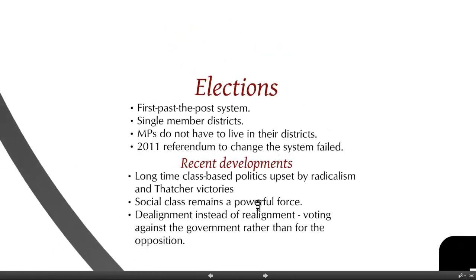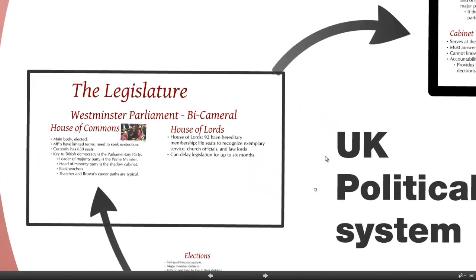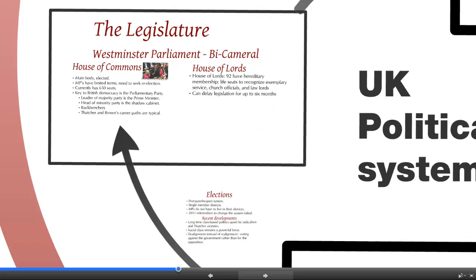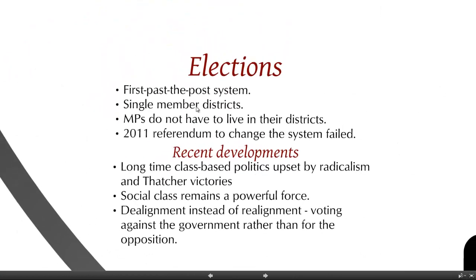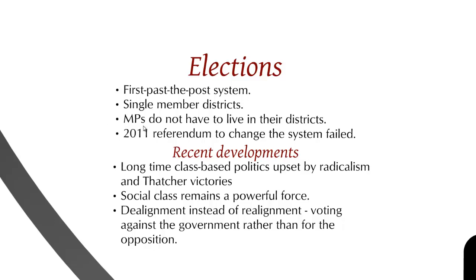Now, let's go over each of the institutions in detail, starting with elections. Of course, the United Kingdom uses a first-past-the-post system with single-member districts. Interestingly, the MPs do not actually have to live in the districts they represent. And there have been discussions about the electoral system in the United Kingdom, just as there have been such discussions in Canada.